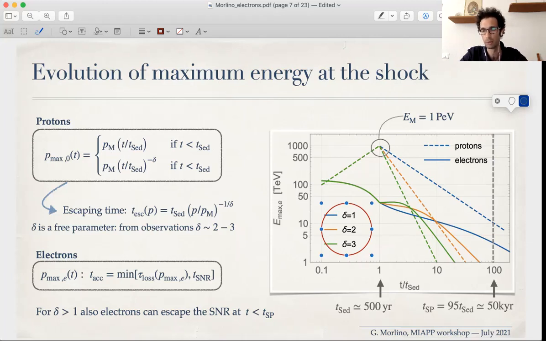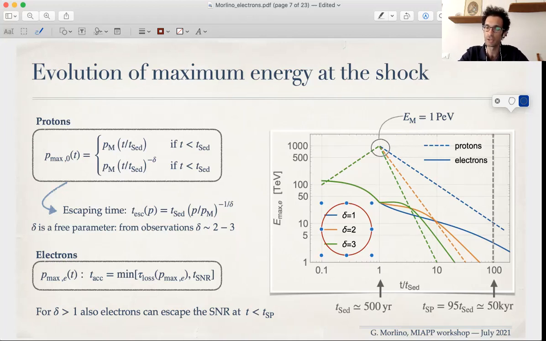Look, for example, the difference between the blue lines that are computed using delta equal 1. In this case, the maximum energy of electrons is always smaller than the proton one. While for delta equal 2 and equal 3, you see that after a few times the Sedov time, the maximum energy of electrons due to losses is becoming smaller than the maximum energy of protons.